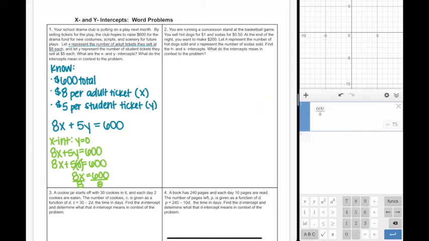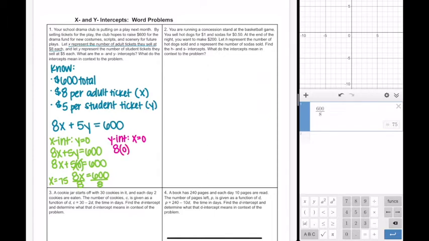And that gives us 75. And we'll go ahead and find the y-intercept as well, and then we will interpret what that means for each of these. So the y-intercept is when x equals 0.